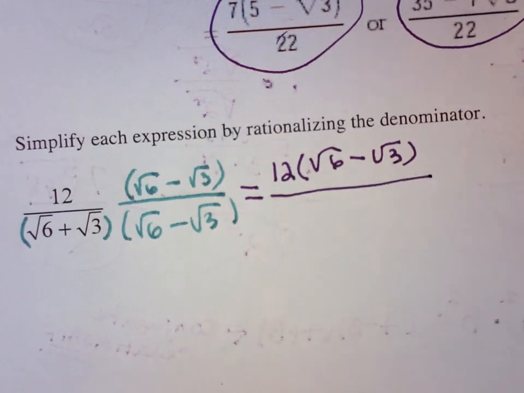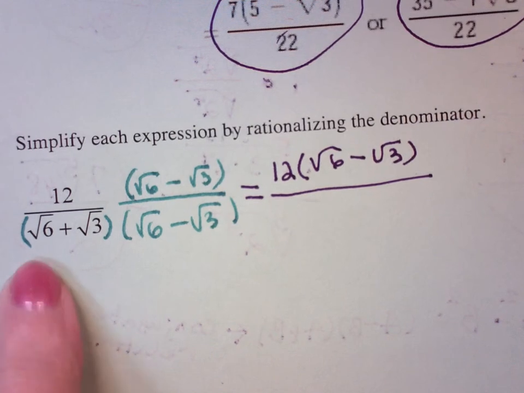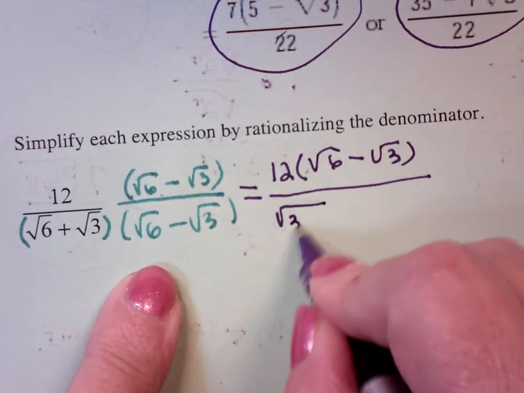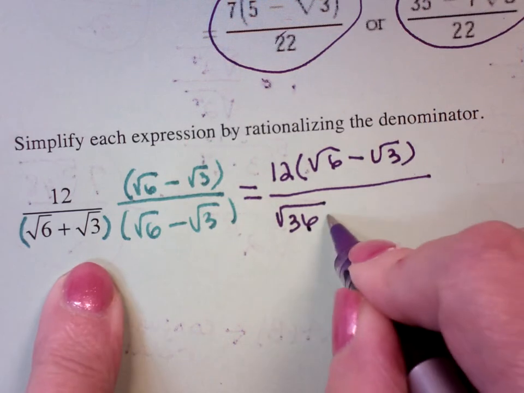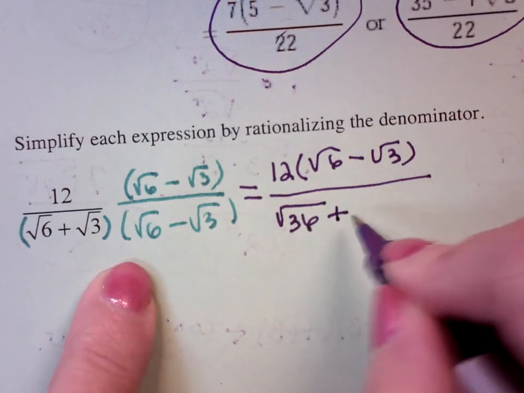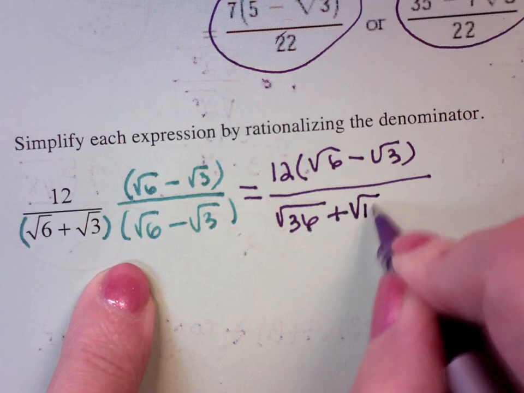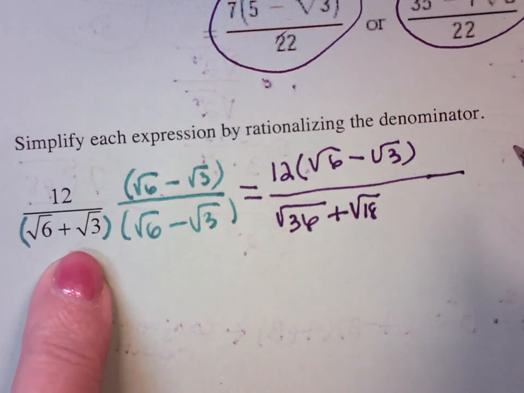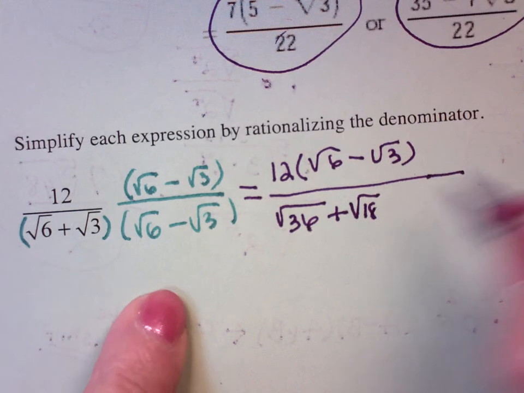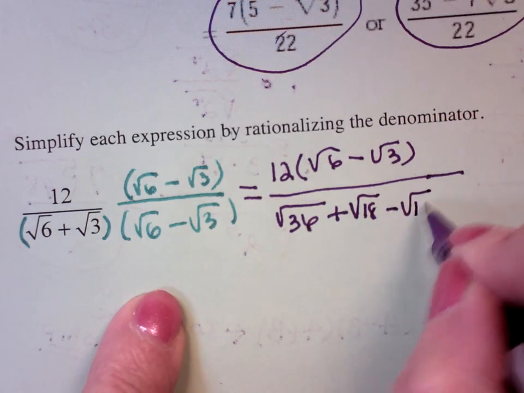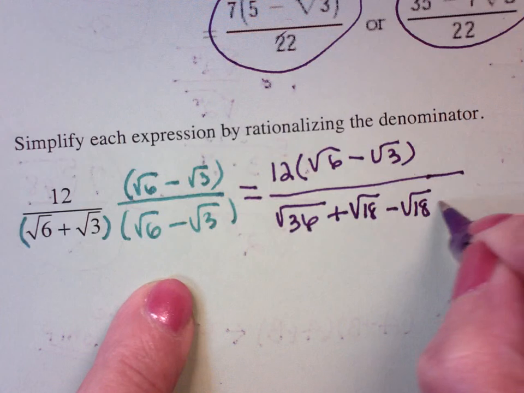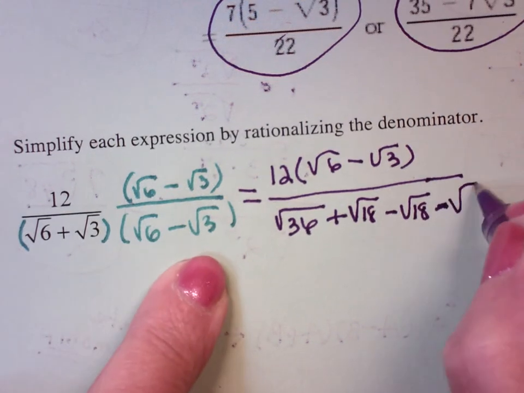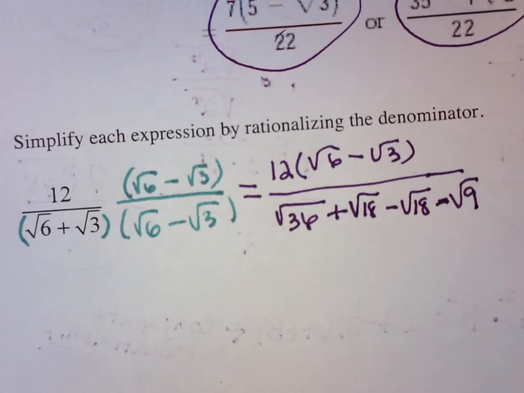And manipulate the denominator. Square root of 6 times the square root of 6 is the square root of 36. Plus square root of 3 times square root of 6 is the square root of 18. Minus square root of 3 times square root of 6 is minus the square root of 18. Minus square root of 3 times the square root of 3, square root of 9. I'm just foiling.